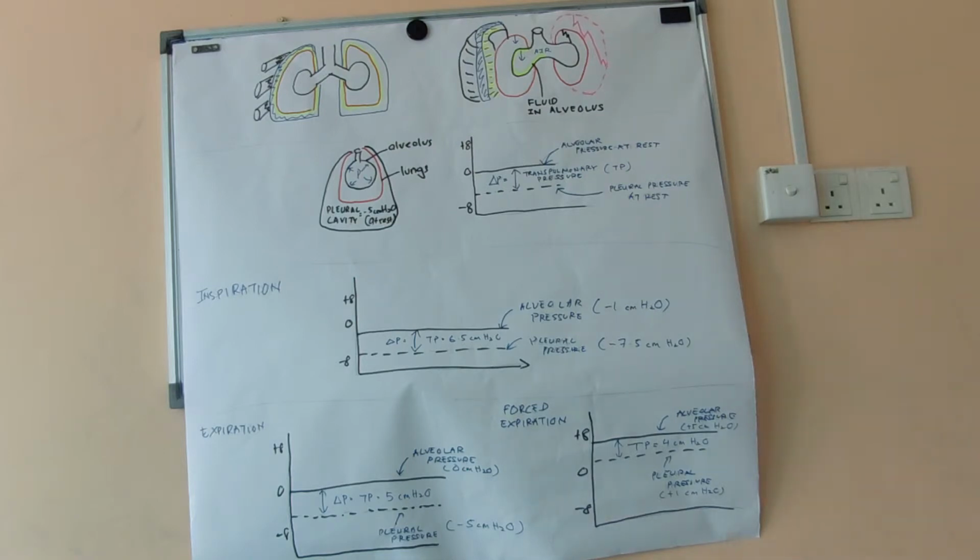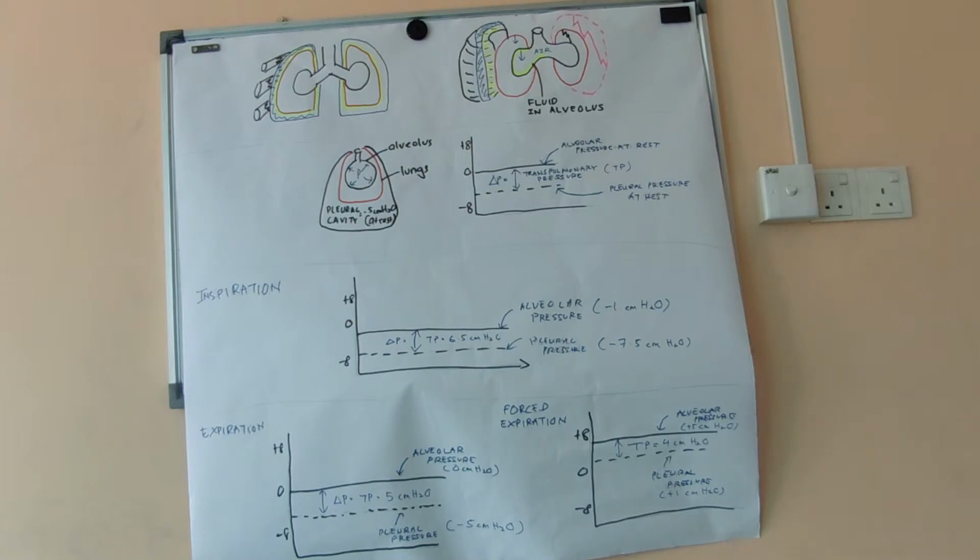So basically we have two inward forces: 1/3 provided by the elastin and collagen fibers, and 2/3 provided by the fluid in the alveolus.